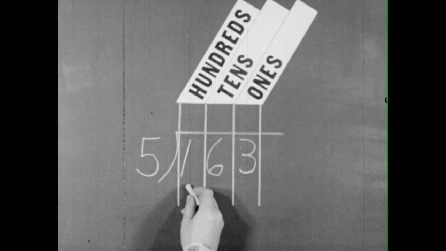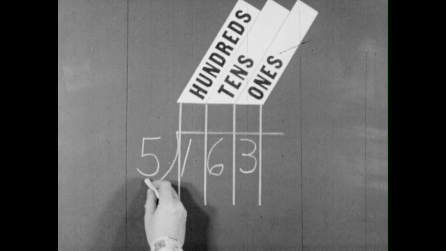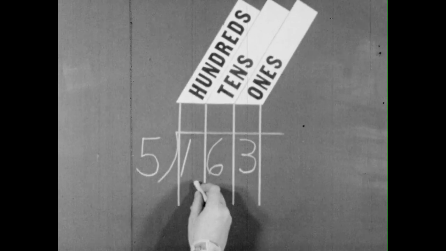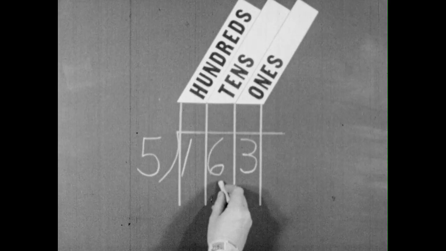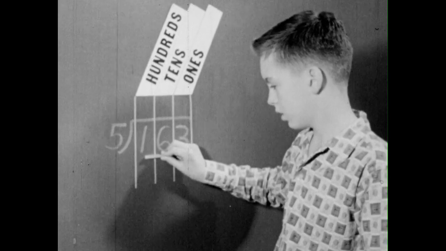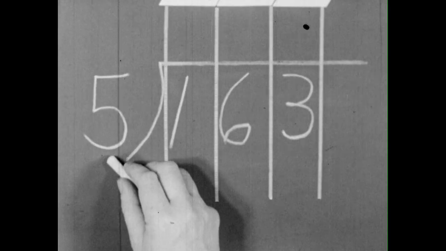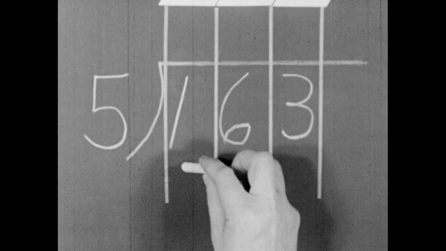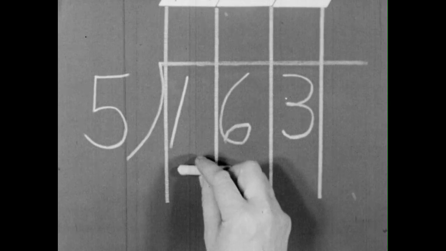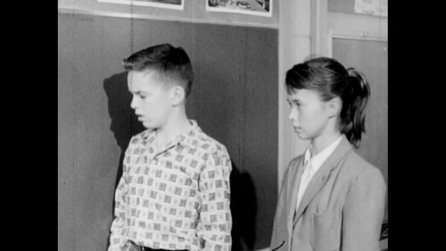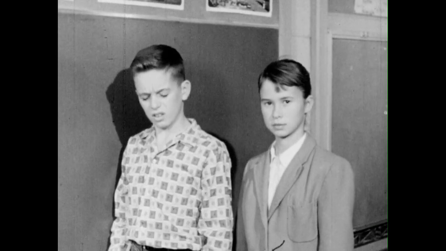Since you do not have enough hundreds to make a group of 5, you must think of the hundred as tens, and so you have 16 tens. Bob, do you see? Now, how many equal groups of 5 tens can we make from 16 tens? You can't divide 16 evenly by 5. Do you know what to do, Bob?